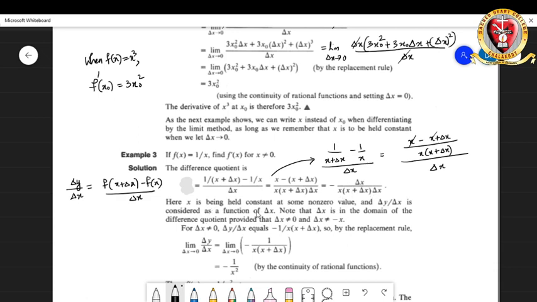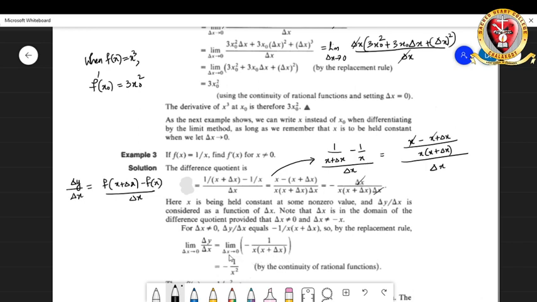And here x is being a constant because delta x tends to 0. So now you are taking delta x not equal to 0, limit delta x tends to 0, delta y by delta x is equal to limit delta x tends to 0 minus, here you can cancel them out, since delta x is not 0, minus 1 by x into x plus delta x.